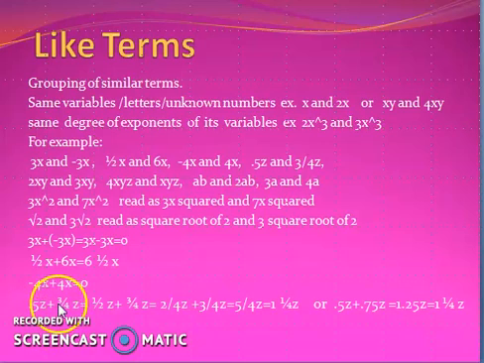So, 0.5z plus 3/4 z. You can either change the 0.5 to a fraction, or you can change the 3/4 into a decimal. So 0.5z is 1/2 z plus 3/4 z. If you are adding two fractions, you need to change them to a common denominator.